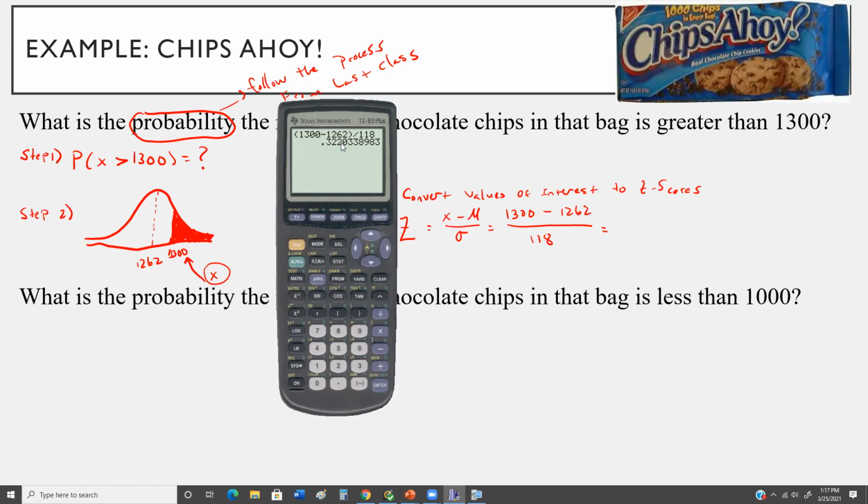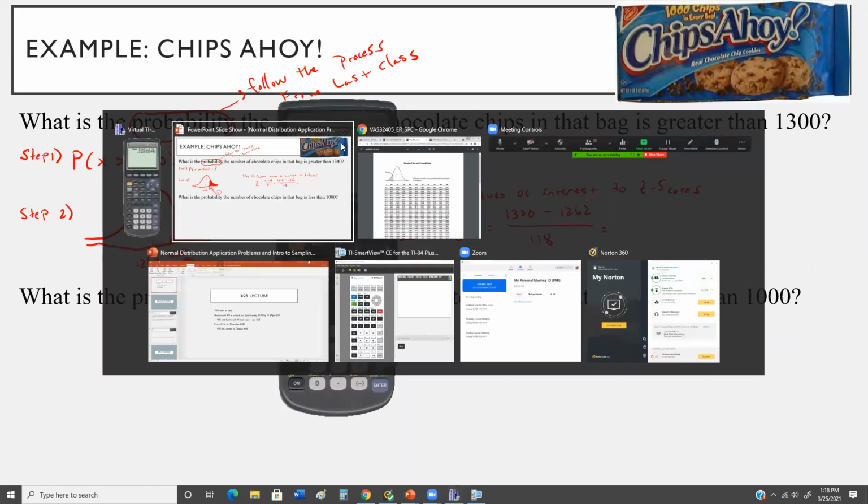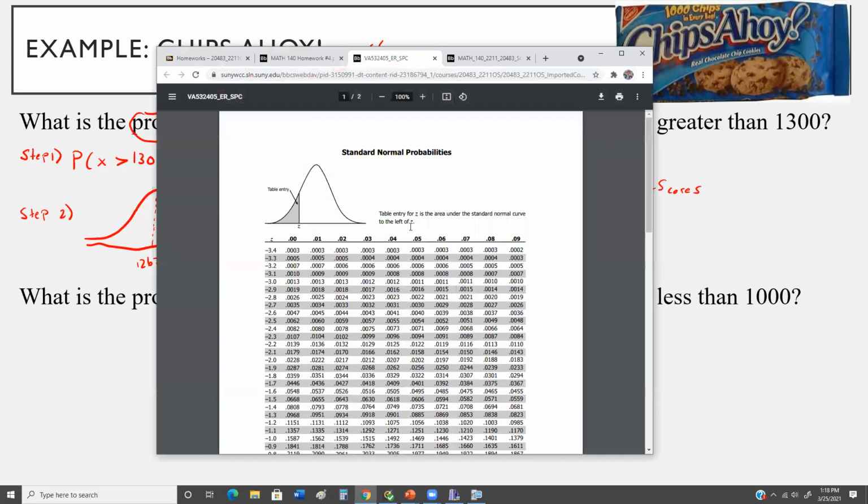Now, does anybody remember how many decimal places the z-score table goes to? So the z-score table gives the probabilities to 4 decimal places, yes, but your z-score should only go to 2 decimal places.